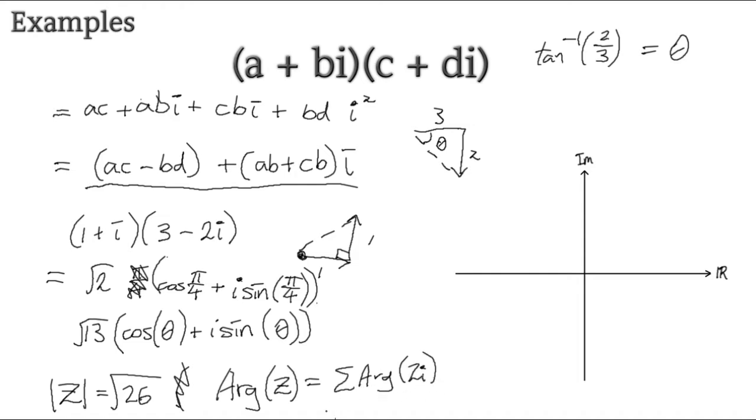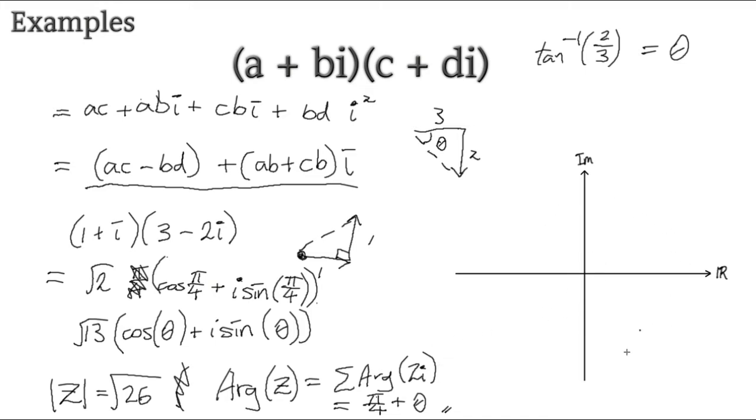So that's in general, if I have theta and pi on 4 as my arguments, then the total argument will be pi on 4 plus theta, where theta is arctan of 2/3. And this is some compound angle stuff that you can use to prove or show.